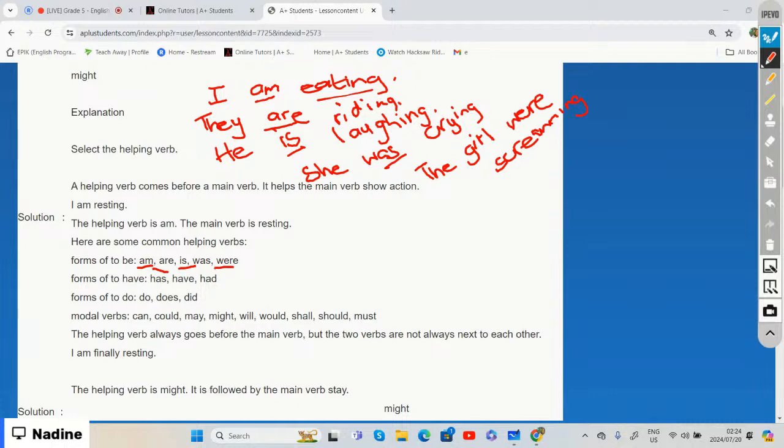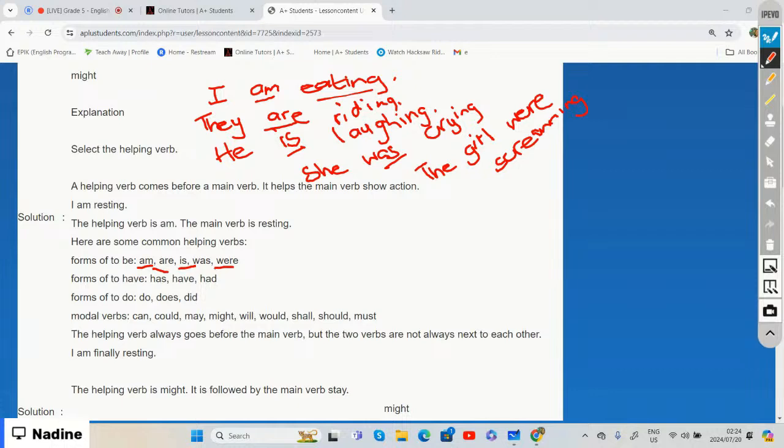We can use it as a form of to be, to have, to do, as well as modal verbs. All right.